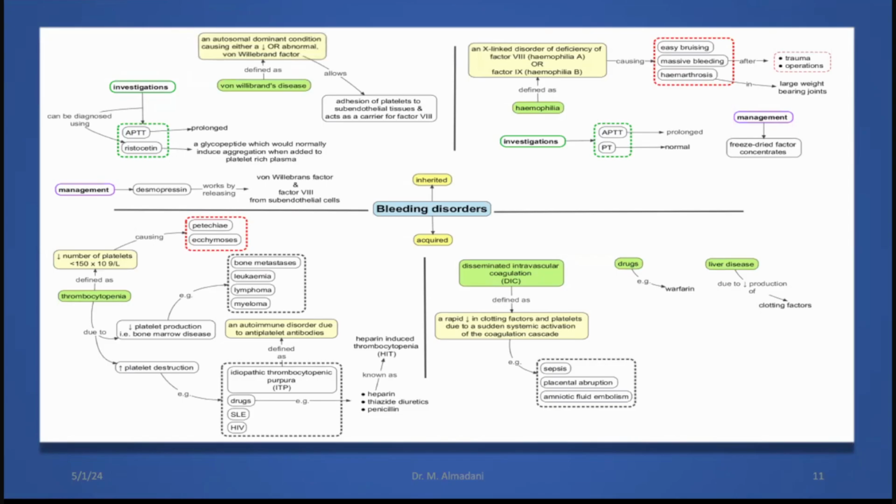If the INR is high, this will confirm that the patient is taking a therapeutic dose of warfarin. But if the patient is taking aspirin, we cannot tell based on the platelets number. But the function will be affected. Then the patient will get bleeding.